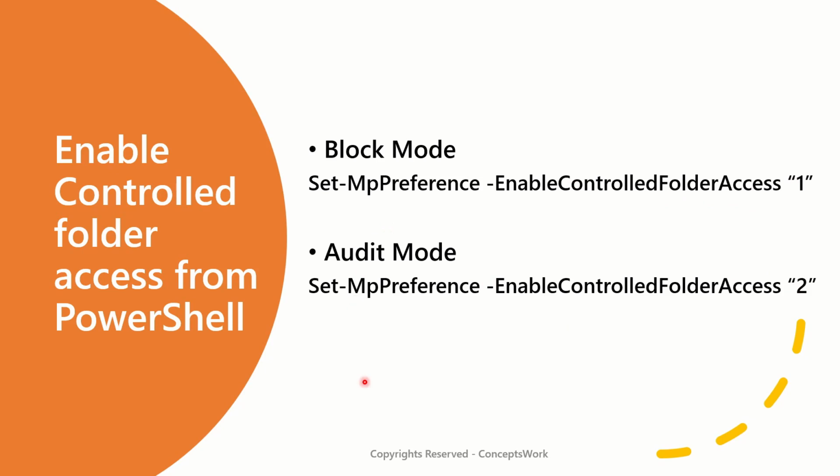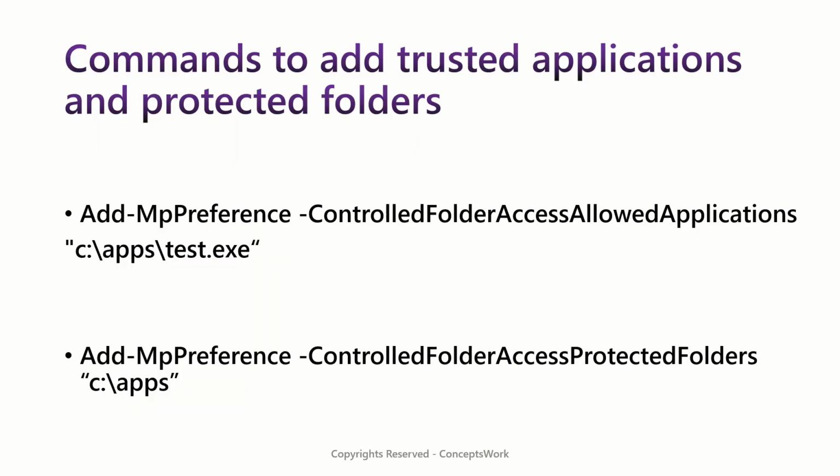In audit mode, only the logs are created and access to the protected folder is allowed, which is not the case in block mode. Likewise, just as we managed entries of protected folders from the console, similarly you can add folders and trusted applications from PowerShell as well. And these are the 2 commands which can be used.